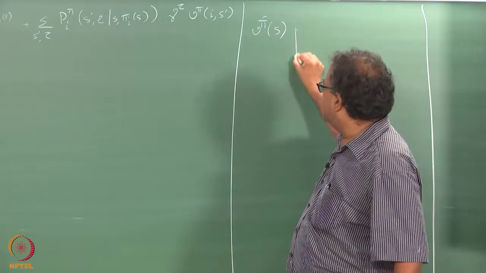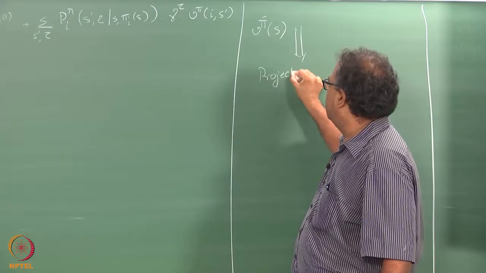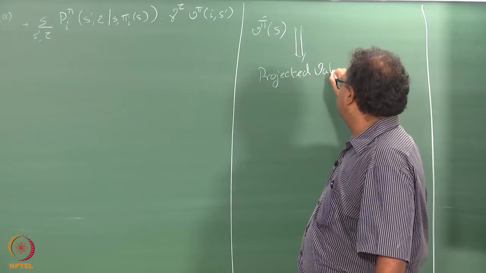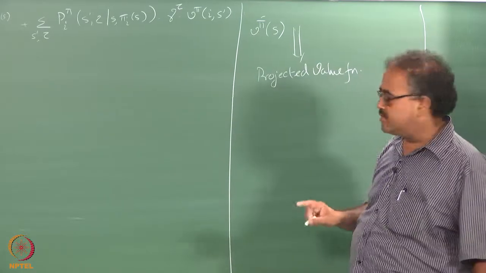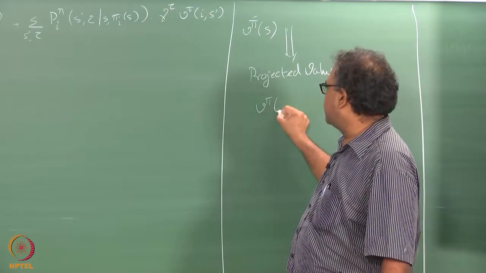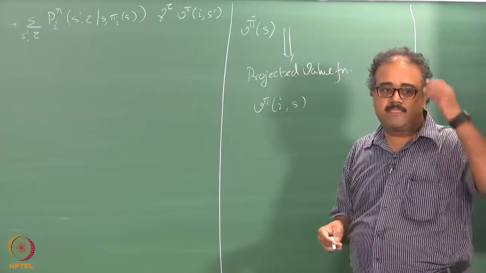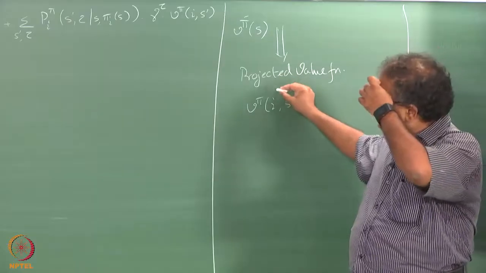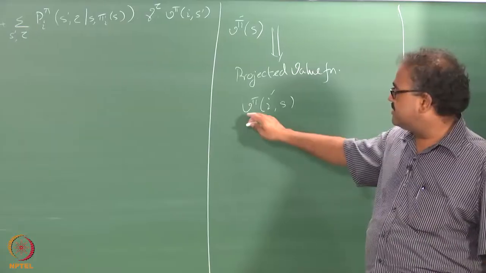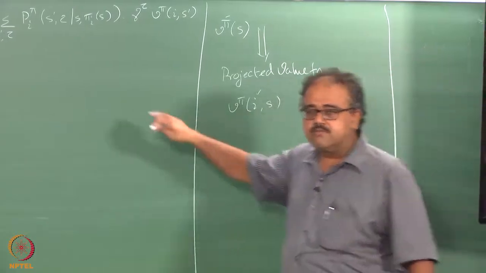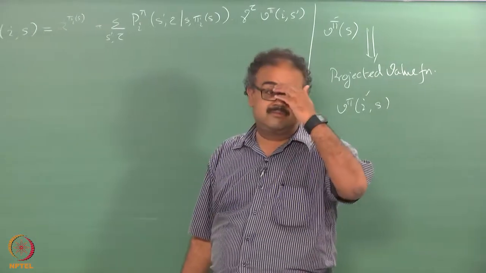So I am going to define something called the projected value function, which looks at the value function only till the completion of task I. I am only worried about task I finishing, not about what happens after task I. So this is the projected value function, and what we are writing here is the Bellman equation for the projected value function.